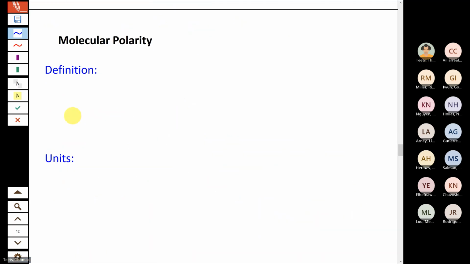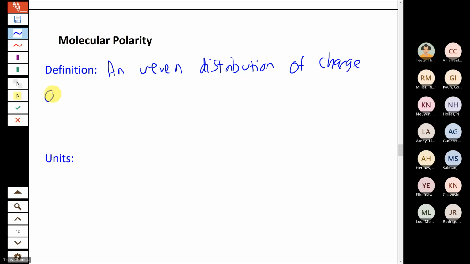So for molecular polarity, we're talking about the idea that sometimes over the entire more complicated structure of a molecule, you'll have an uneven distribution of charge. So it's an uneven distribution of charge over a whole molecule, or a large portion of it.